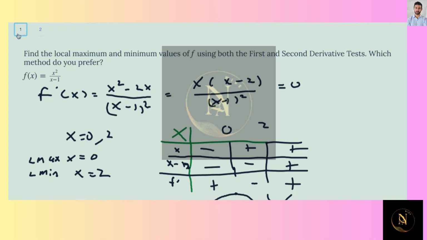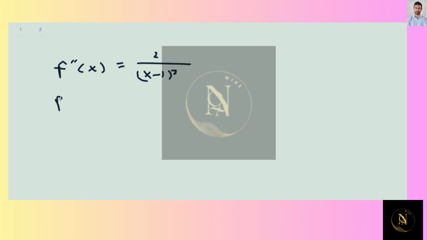And we evaluate at 0 and 2. So at f double prime of 0, we get 2 over negative 1 cubed, which is negative 2. And then at f double prime of 2, we get positive 2.